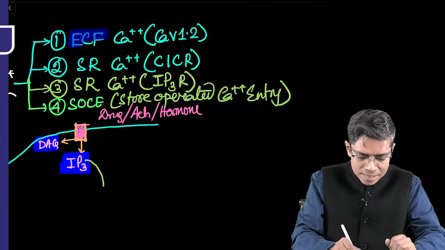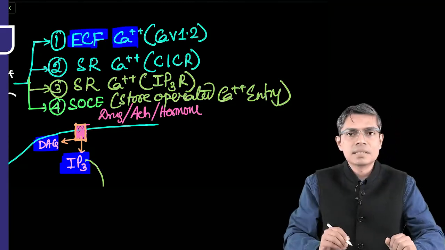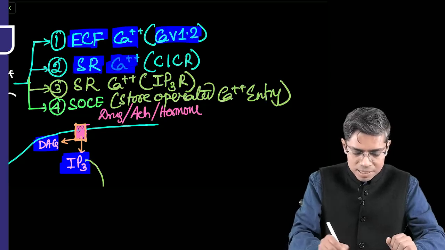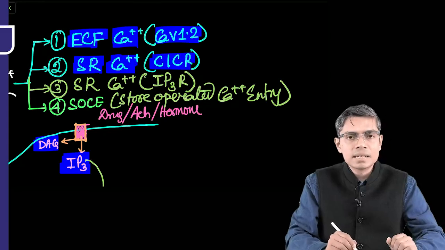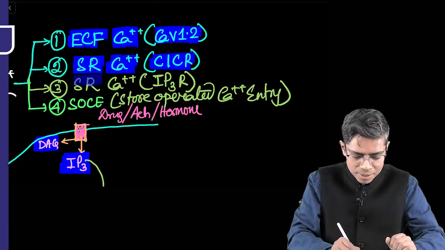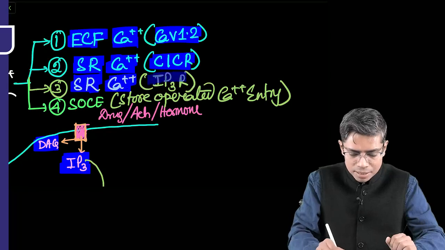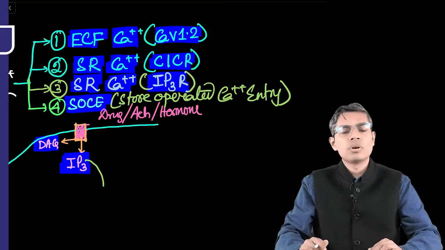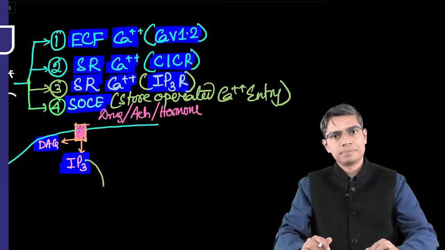Number one, ECF calcium is entering inside the cell via Cav 1.2. Number two, sarcoplasmic calcium is released via CICR, the calcium induced calcium release mechanism. Number three, sarcoplasmic reticulum calcium is also released via the IP3 receptor, and there is another one, store operated calcium entry.